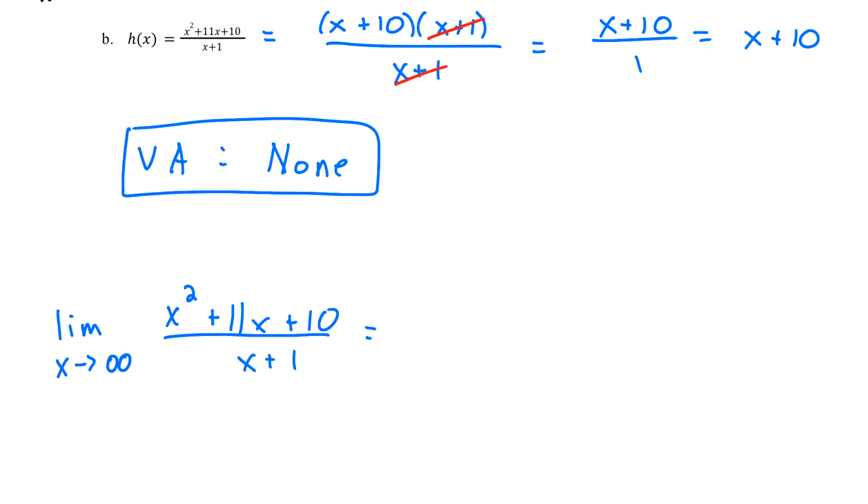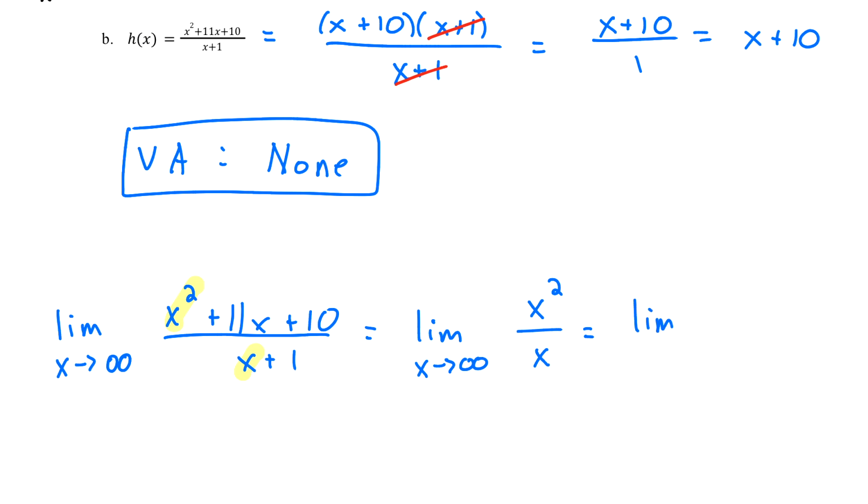Here, the leading terms would be x squared in the numerator and x in the denominator. So this is the same as the limit as x approaches infinity. Here I've got x squared over x.